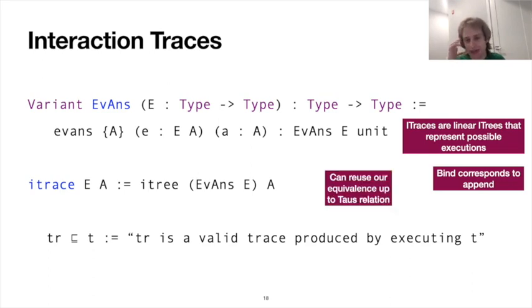And it lets us reuse our equivalence up to taus relation, which is very tricky to get right, and very tricky to write all of the proofs that make it feasible to work with this relation. And we have a new trace refinement relation. TR refines T, which means that TR is a valid trace produced by executing T. It, of course, has a formal Coq definition, but we don't have time to talk about it.